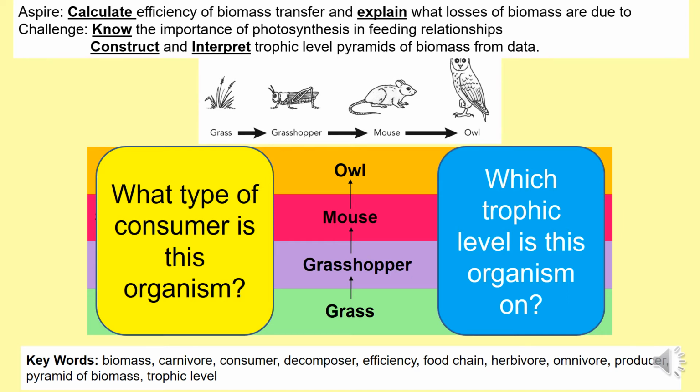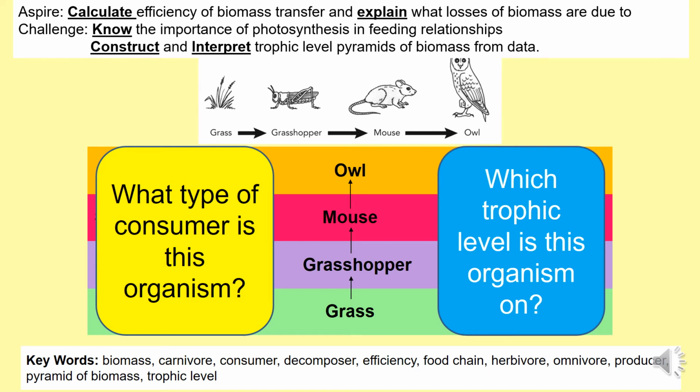Now, grass, as we know, is a plant that produces its energy from the use of photosynthesis. So that being the case, I am going to say that that word that goes with that level is producer.